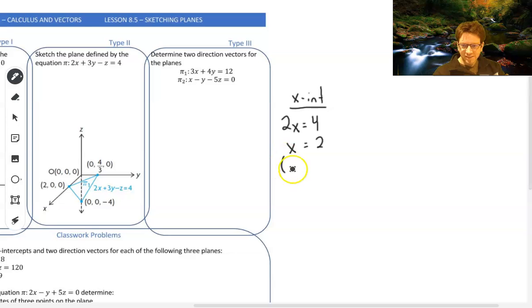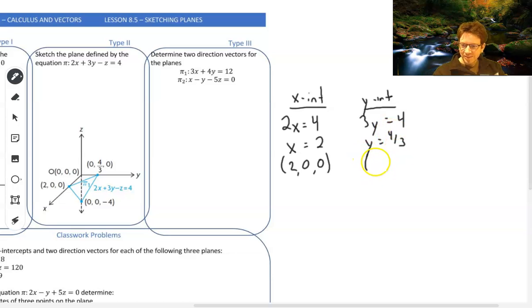So our x-intercept is then 2, 0, and 0, which I've pre-marked right there. Do the same, find the y-intercept. That'll occur when x and z are 0, so we're left with 3y equals 4, or y equals 4/3.